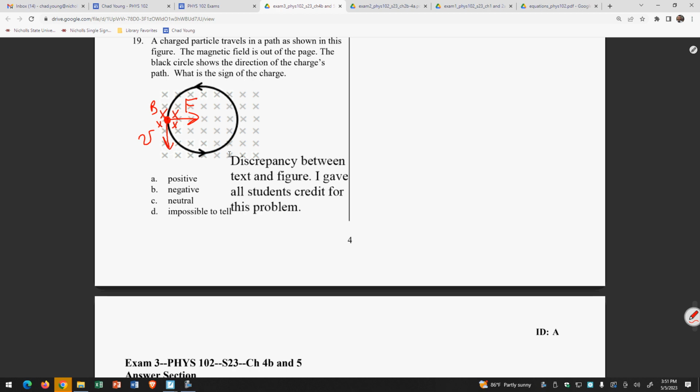The force is a centripetal force, which is always center seeking, and so that means this is a positive particle. But if the field was out of the page, then the force would be in this direction, which would mean it would be a negative particle. Because the force is actually towards the center of the circle, you can tell whether it is a positive or a negative particle.